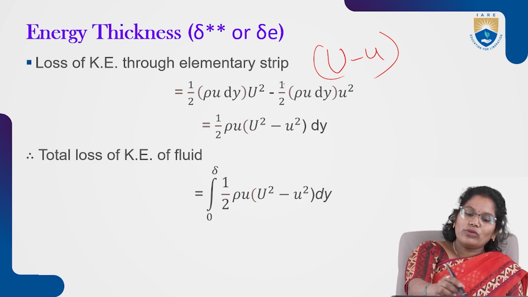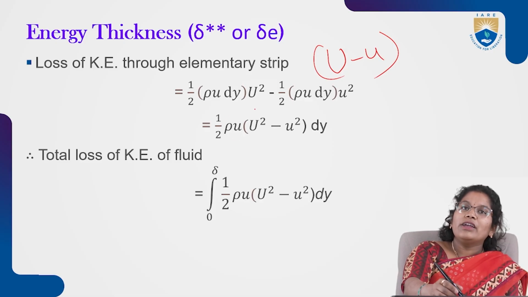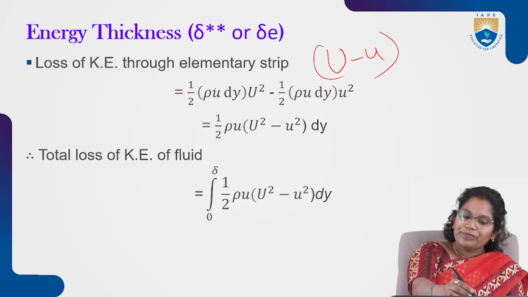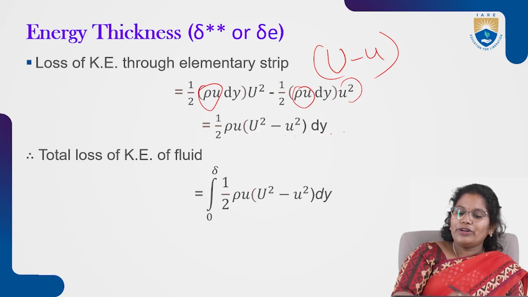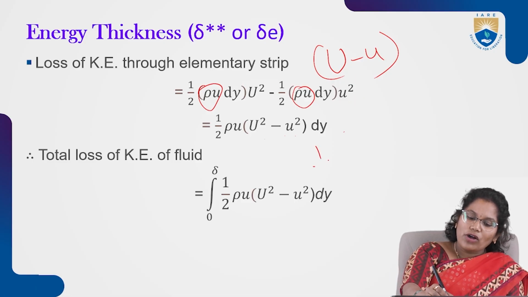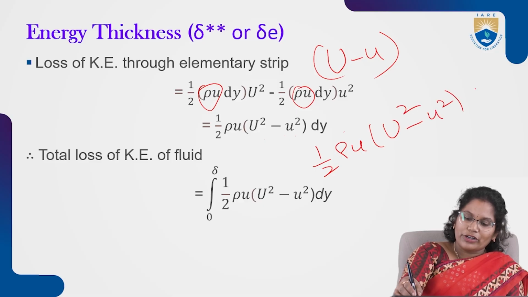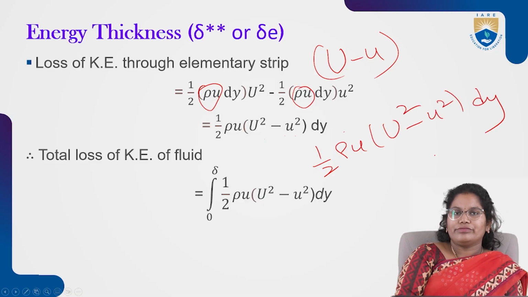When you simplify this, you get half rho u, which is common for both, into capital U square minus small u square into dy.